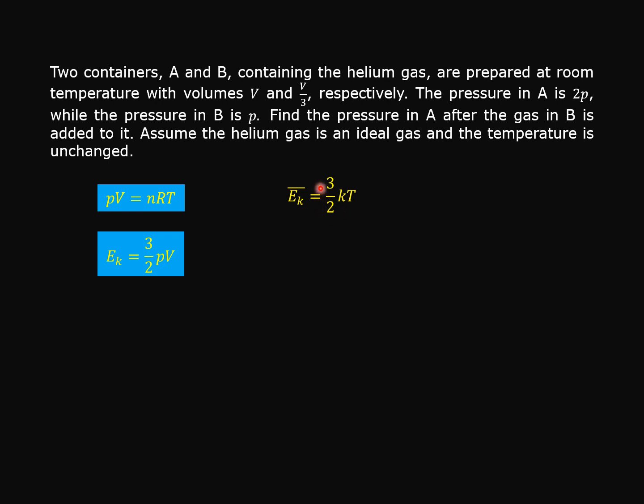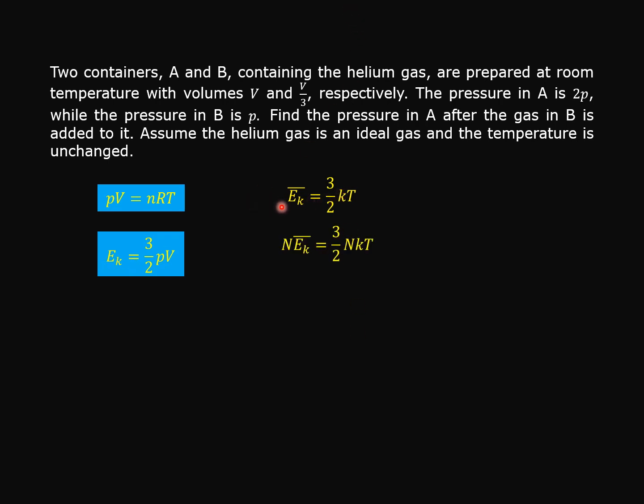So please note that the symbol for the EK bar and this EK carry different meanings. With the bar, it means the average translational kinetic energy per molecule, for every molecule. This one is the total translational kinetic energy for the gas.